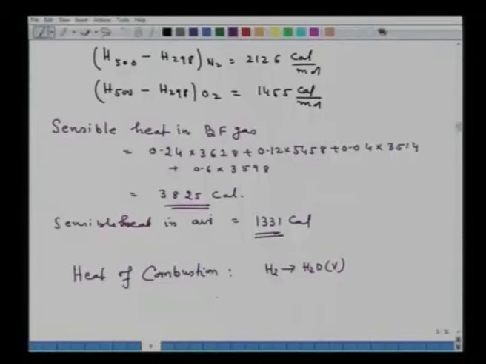If I calculate, the heat of combustion will be equal to 18536 calorie. Now the total heat input: I have to add all three, so I get 23692 calorie. That is the amount of heat that will be added in.